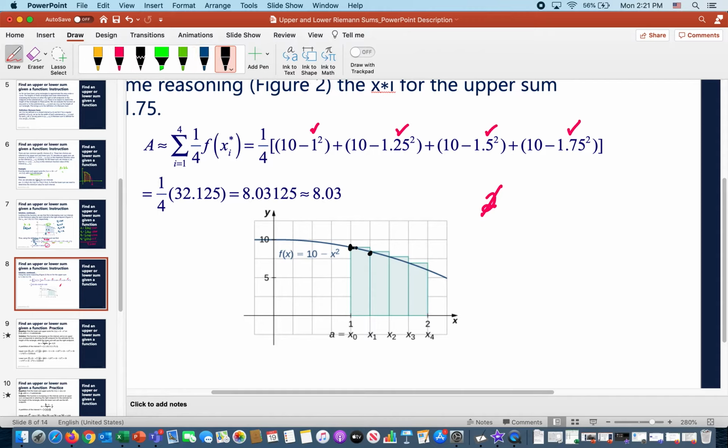I'm going to choose the left side to be the upper sum, because that rectangle goes outside of the actual curve. So that's why we're using 1, 1.25. This x value will beat the one right here on the right because it's taller. So the next x value is 1.25, and then 1.5 and 1.75.